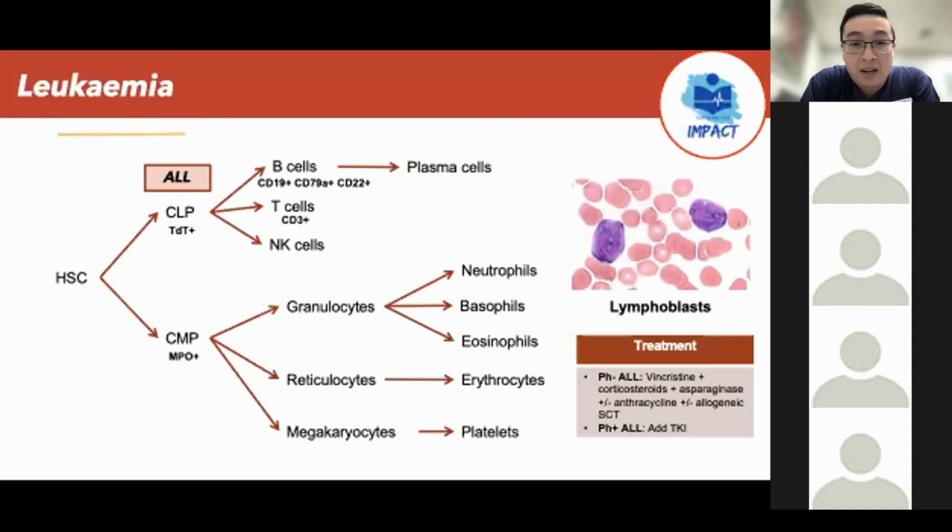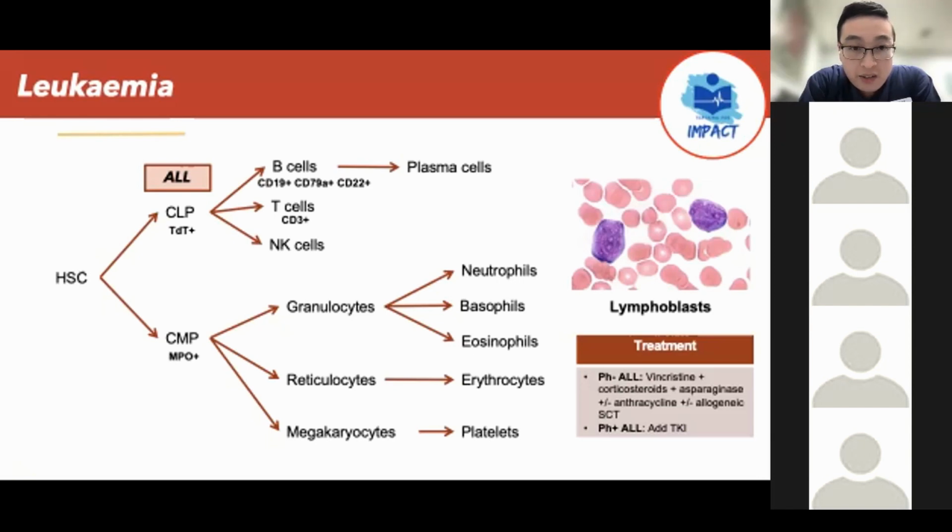And more so with vincristine than vinblastine. The way that I think about it is vincristine crisps the nerves, so it causes axonal neuropathy. And vinblastine tends to more commonly cause myelosuppression. The way that I remember is vinblastine blasts the marrow. So vincristine crisps the nerves, but vinblastine blasts the marrow.